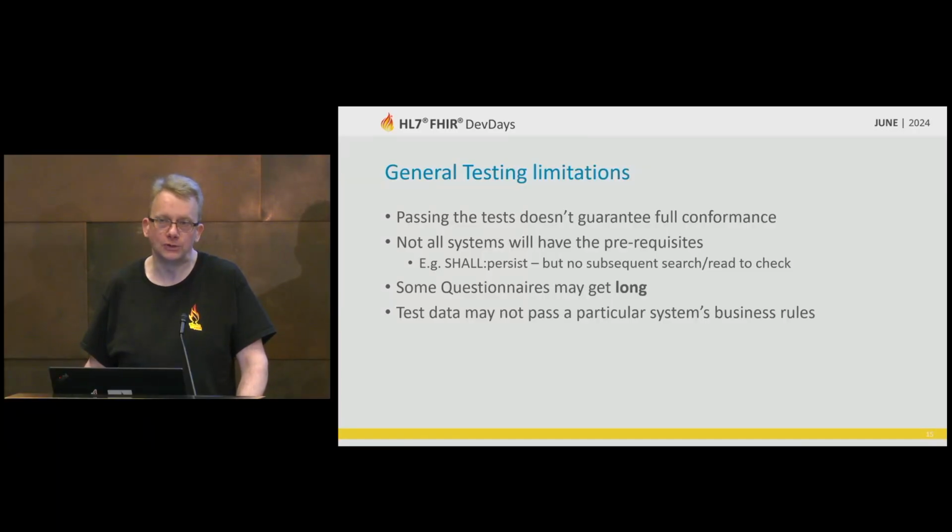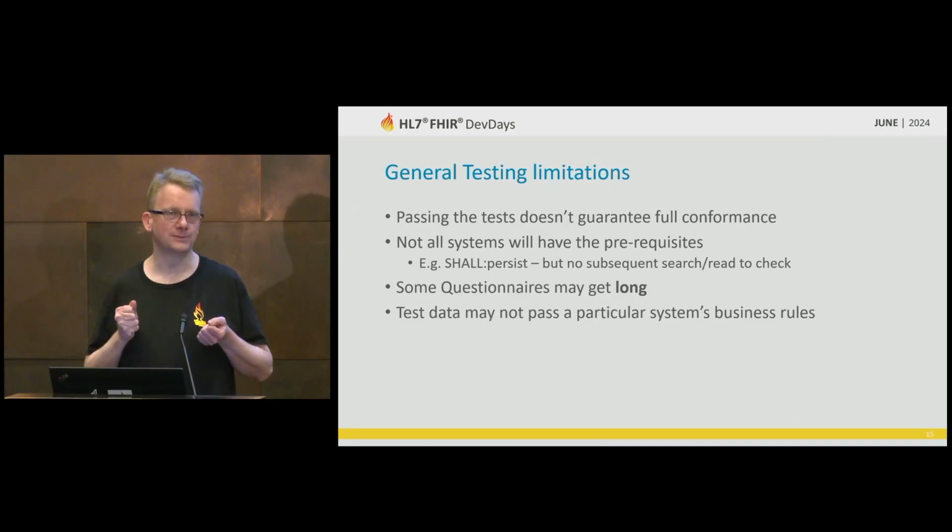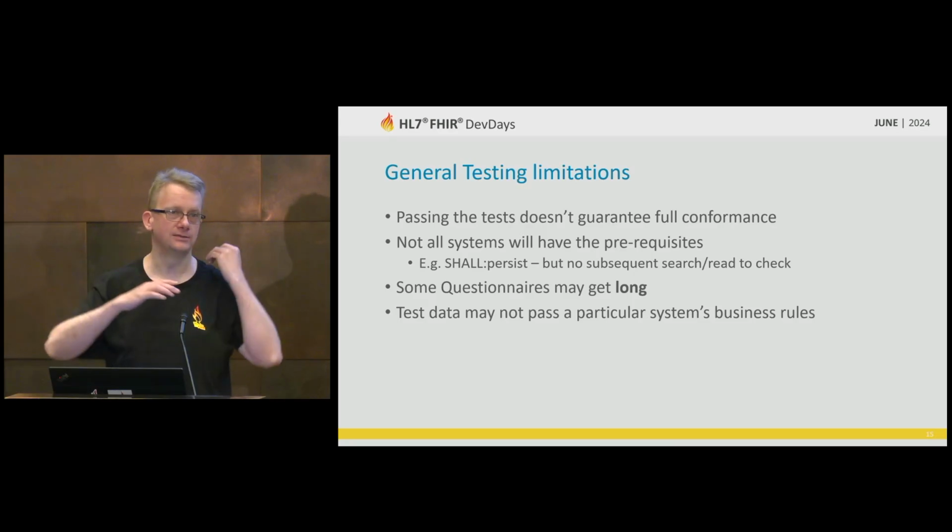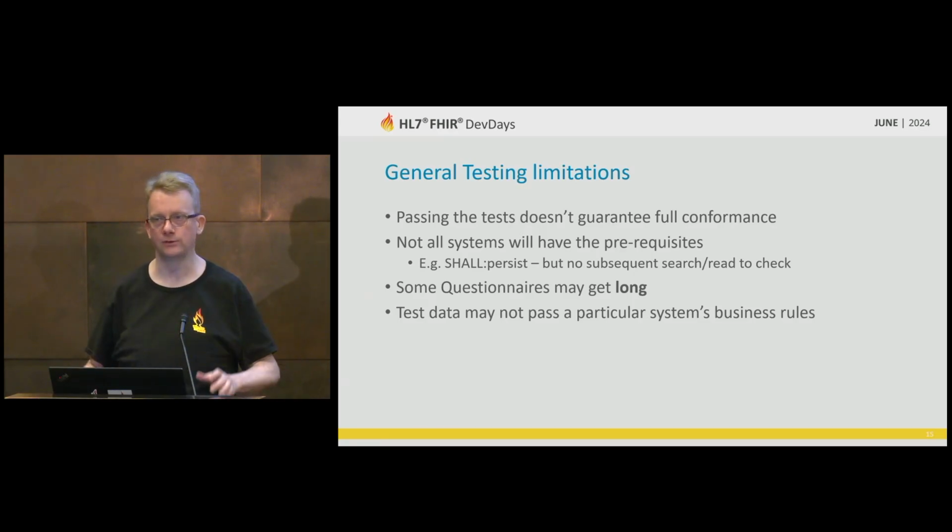The other consideration is that your test instances may not necessarily pass business rules. And in general, there are business rules. So things like, yes, we accept names, but we expect our names to have a certain minimum number of characters, or they can't have accents, or they have a maximum number of characters, or we don't take patients who are only born this year.